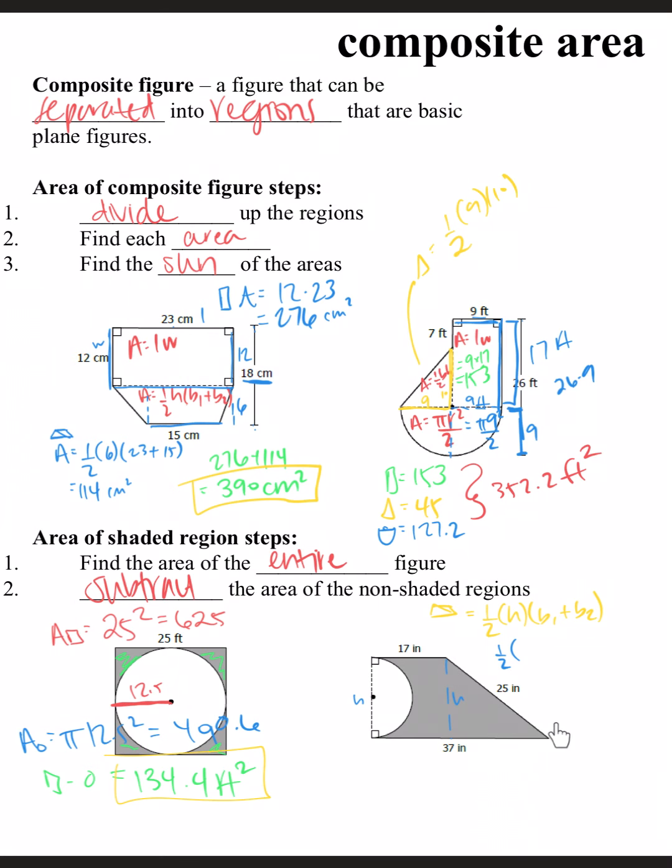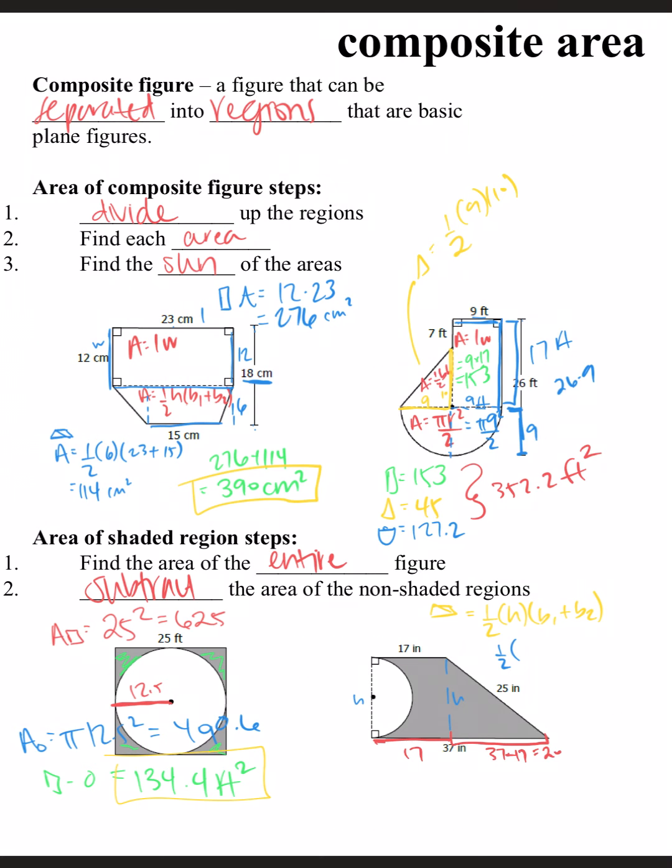We know the hypotenuse. We need to know this side. You might think you don't know it, but you actually do. This piece is 17, and if the total is 37, then this side is 37 minus 17, and that is 20.